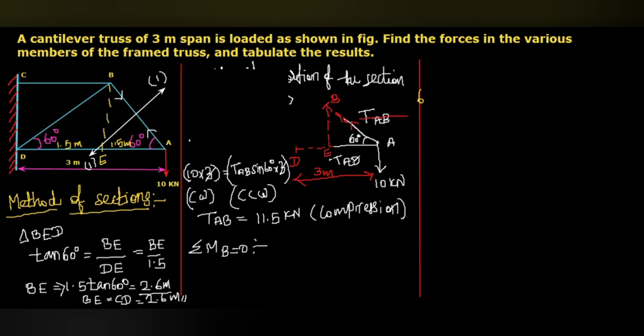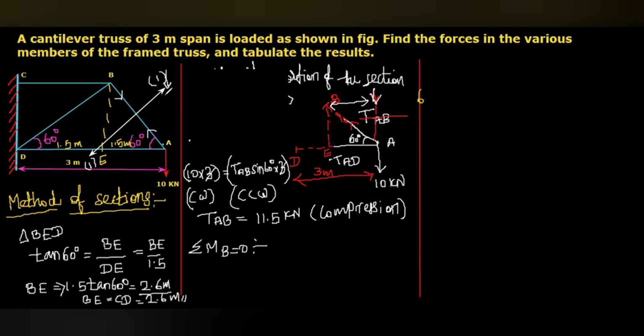So only TAD and this 10 kilonewton. Here you can see this 10 kilonewton. This is the direction of the force 10 kilonewton. This 10 kilonewton is acting along this line, and this distance will be same as AE, that is 1.5.